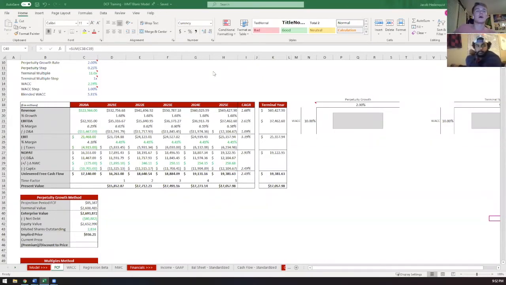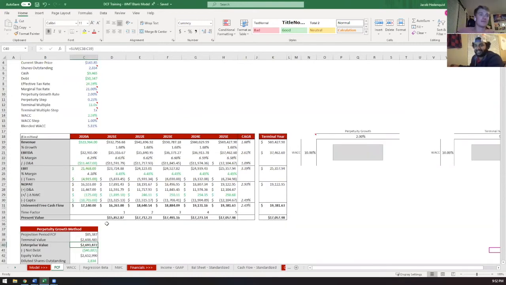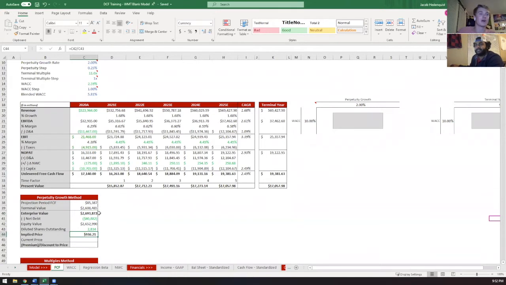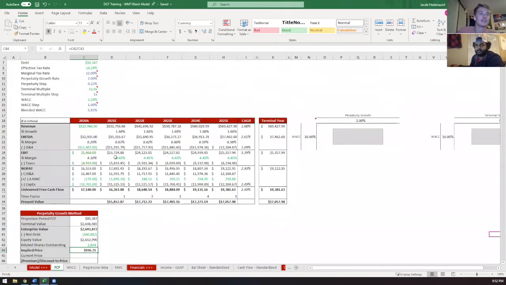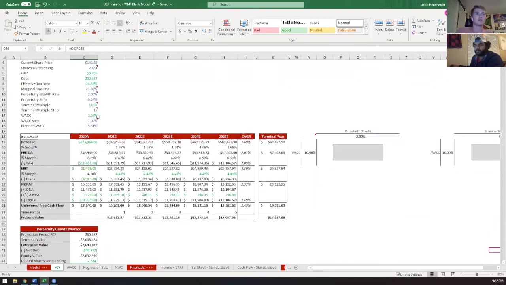All right, so we ended up figuring out the issue. Obviously, it's a problem when your implied price is almost $800 above your current share price. And the issue with that is the discount rate or the WACC.